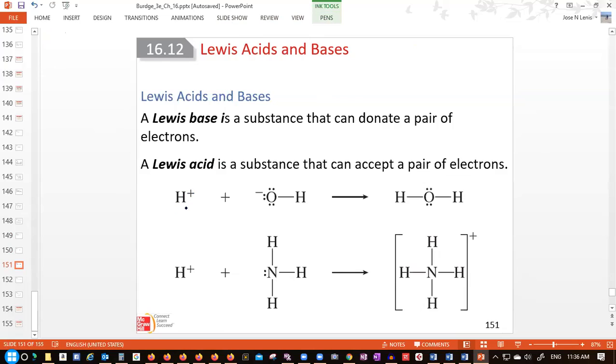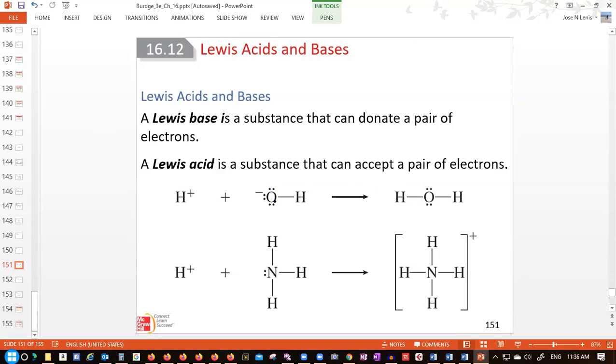So this is going to be a Lewis acid. OH minus, which has three lone pairs of electrons around oxygen, wants to donate these electrons in order to be stabilized. And the stabilization comes in the form of water. So we have the Lewis acid and the Lewis base.